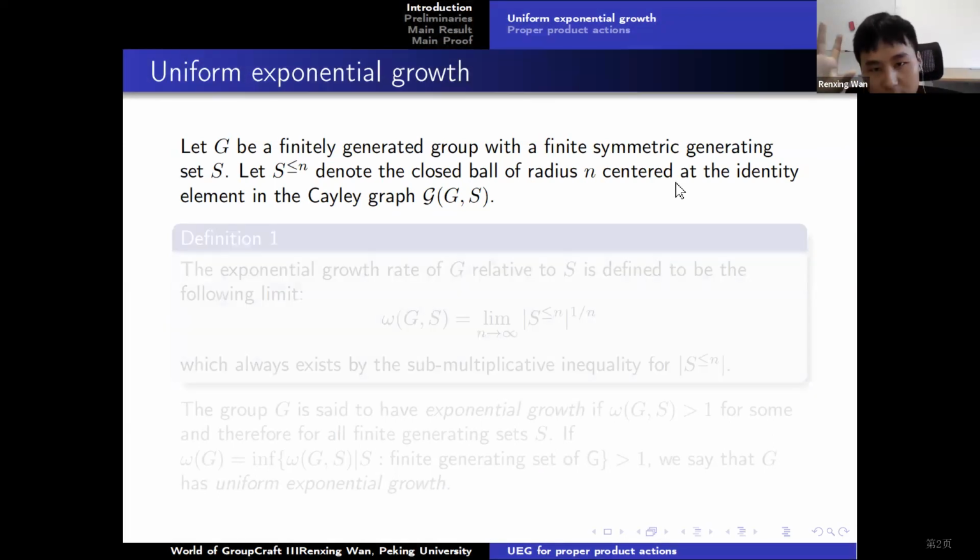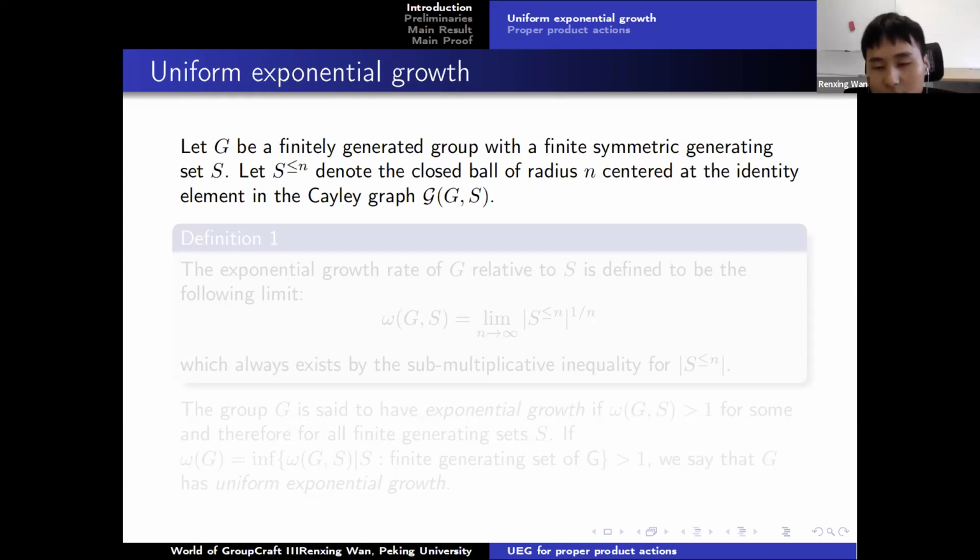At first, I'm going to introduce some basic concepts. The first is uniform exponential growth. Given a finitely generated group G with a finite generating set S, we consider the closed ball of radius N centered at the identity in the Cayley graph.